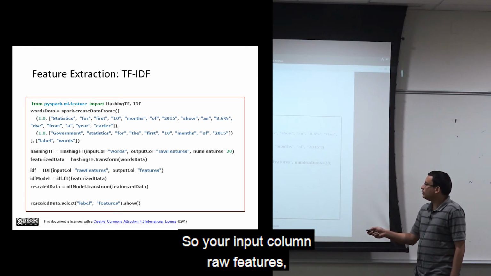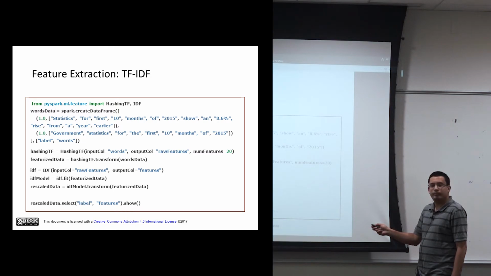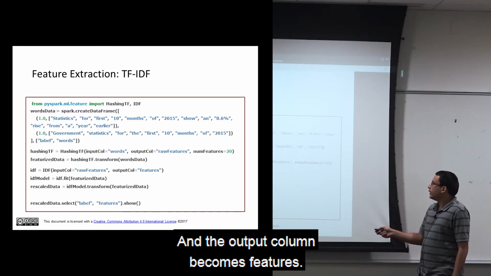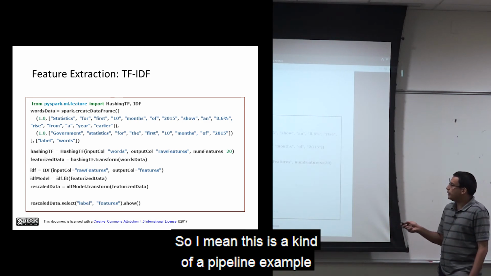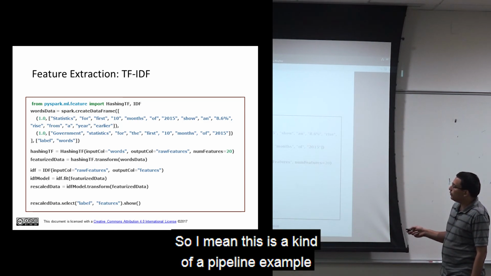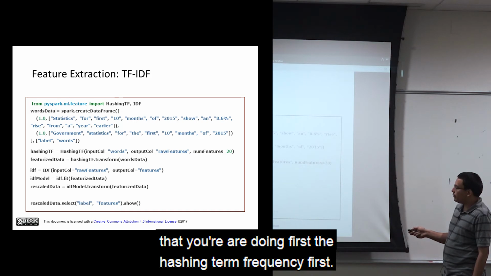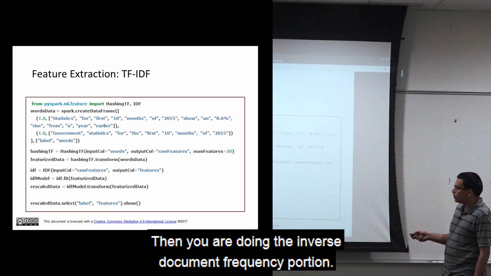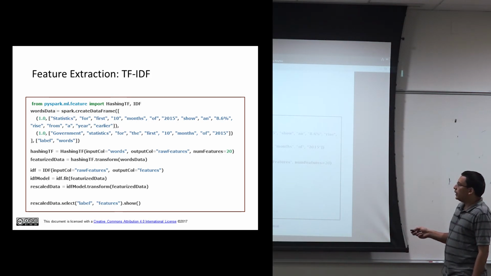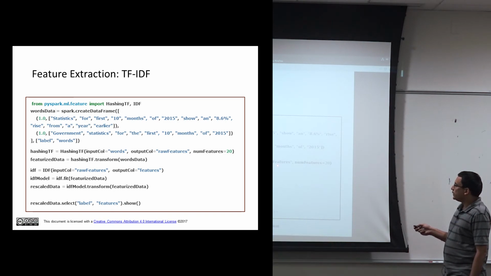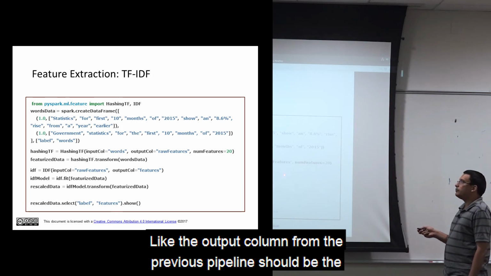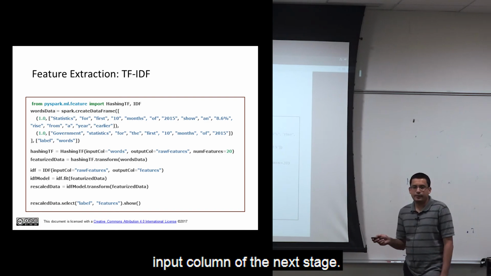Your input column is raw features, which is the previous output column, and the output column becomes features. This is a kind of pipeline example: first the hashing term frequency, then the inverse document frequency portion. You always have to consider the names of the columns you are interested in. The output column from the previous stage should be the input column of the next stage.